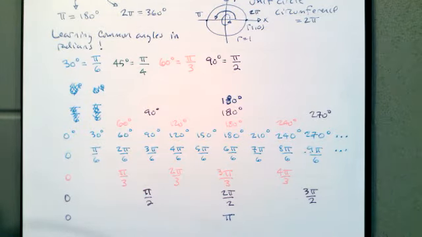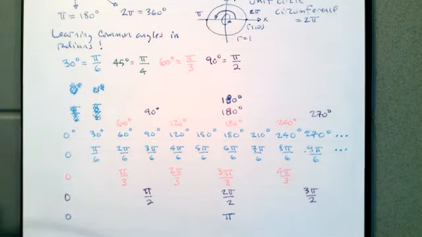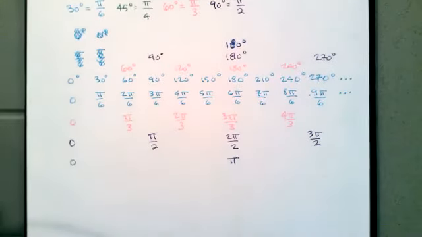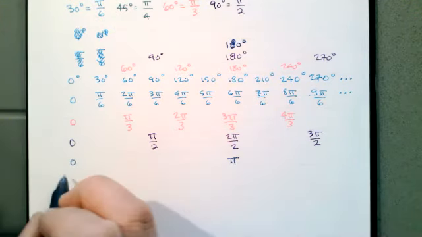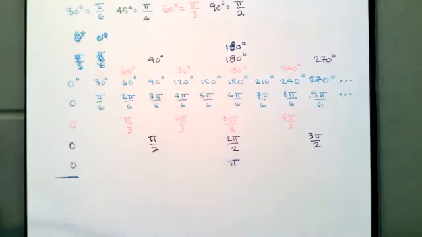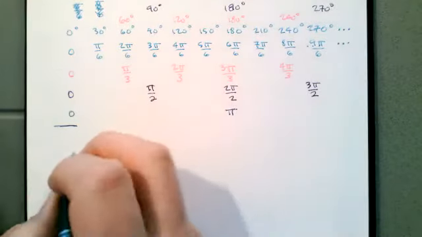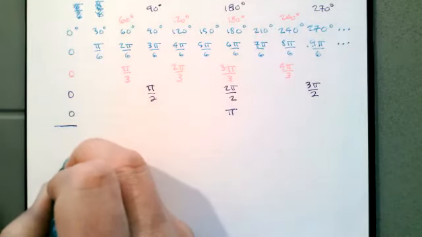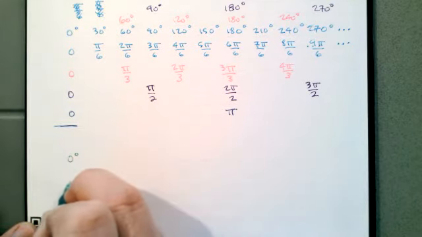Now you might notice that since we were going with multiples of pi over 6, we did not end up with the multiples of pi over 4. So let's count around the unit circle in multiples of 45 to get that pi over 4. So if I start off with 0 degrees, that's 0 radians.